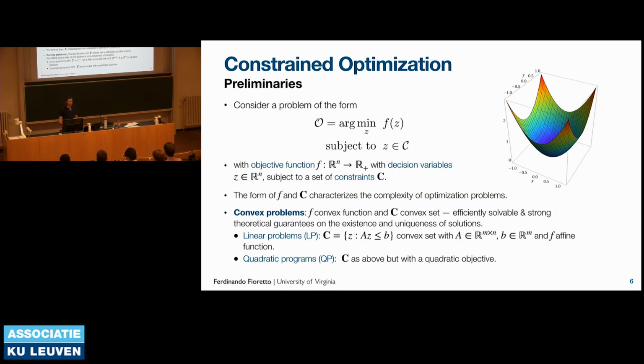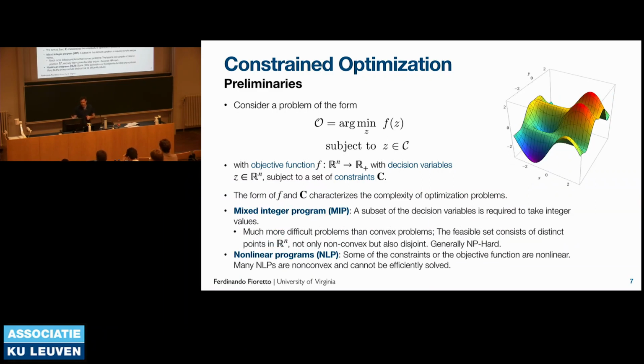So we talk about convex problems whenever the function that we are optimizing is convex and the constraints form a convex set. And those problems are nice. They give us some interesting theoretical guarantees, the existence and uniqueness of solutions, and typically we can have solvers that are efficient to find such solutions. Within this realm, we find linear programs and quadratic programs.